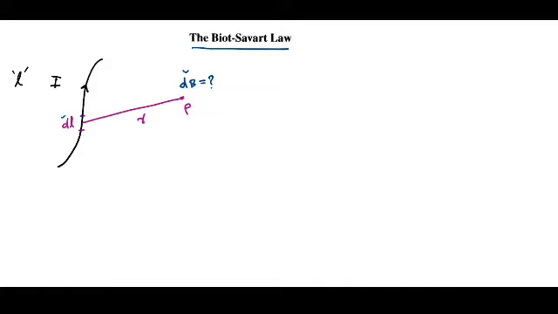Then we will get the total magnetic field produced by the whole length of the wire. Fine. The r cap is the distance vector to that point P, and here the angle between this distance vector and the small length element is theta.